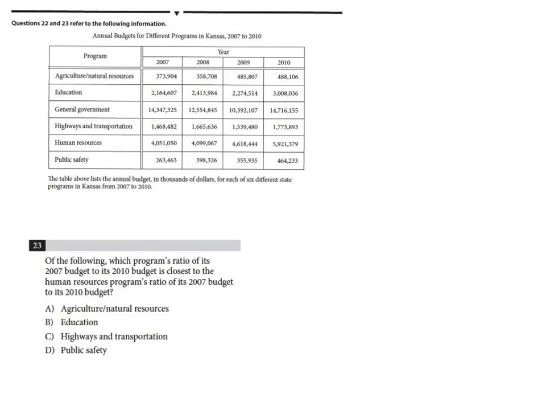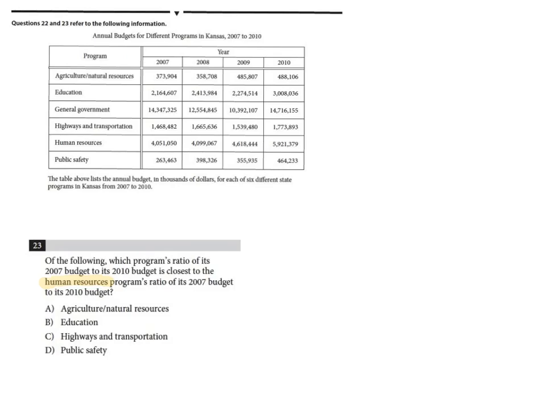Okay, number 23. Still working with the same table here. This time, of the following, which program's ratio of its 2007 budget to its 2010 budget is closest to the human resources program's ratio of its 2007 budget to its 2010 budget. Okay, so let's first look at the human resources program's ratio from 2007 to 2010.